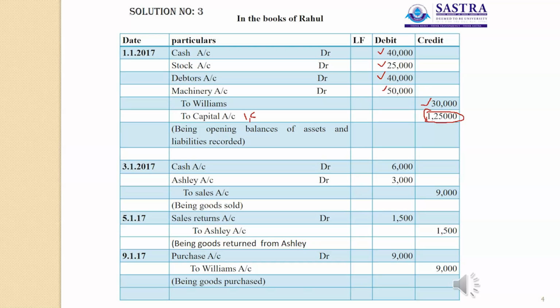Total assets is 1,55,000, minus creditors. Creditors value is 30,000.